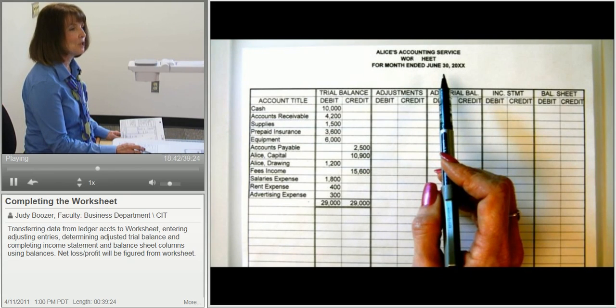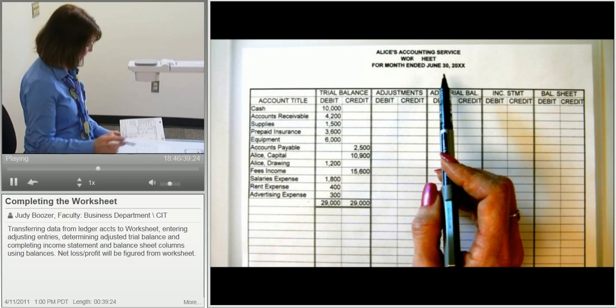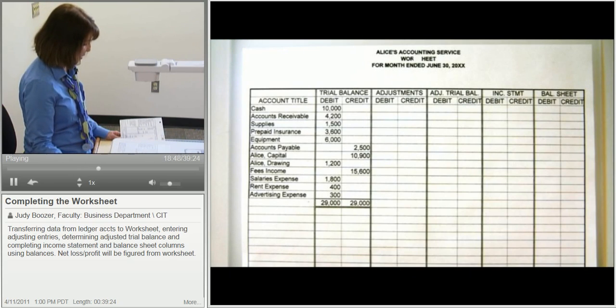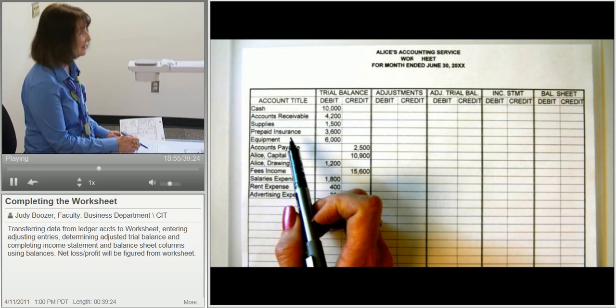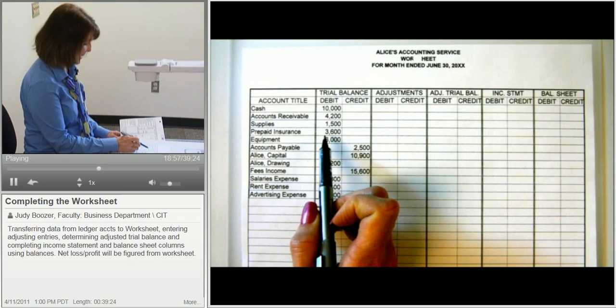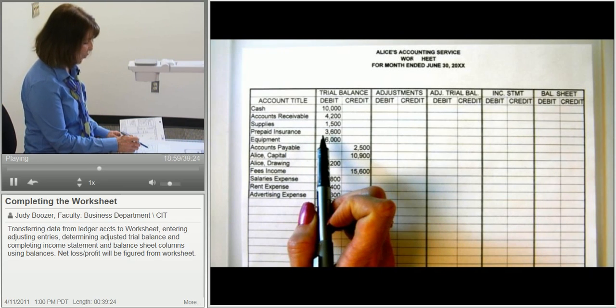The end of June. So how much time has passed? 1 month. If prepaid insurance was purchased at the beginning, what is the balance in it? $3,600.